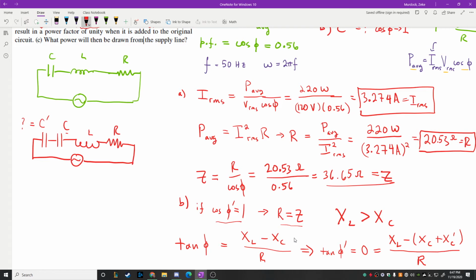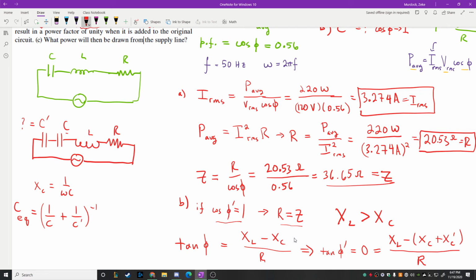And to see why, XC is equal to 1 over omega C, right? And if we did the equivalent capacitance here, C_eq, we would be doing exactly what you said in the chat, which would be 1 over C plus 1 over C prime, and then raising that to the -1 power, right? And that would give us the equivalent capacitance, right?